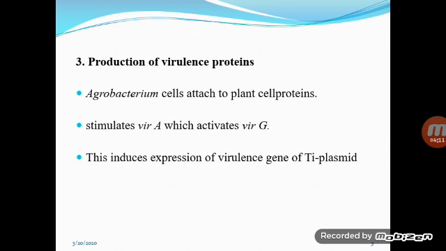This induces expression of virulence genes of the Ti plasmid to produce corresponding virulence proteins like D1, D2, E2 and B proteins.